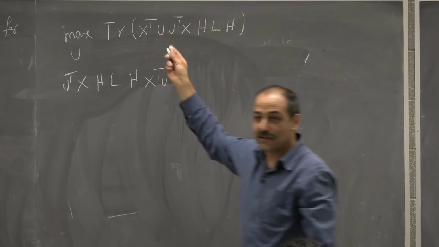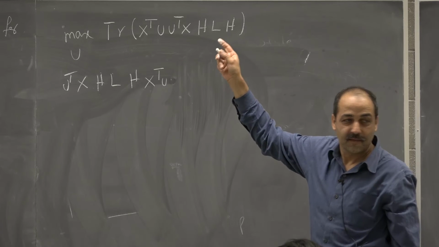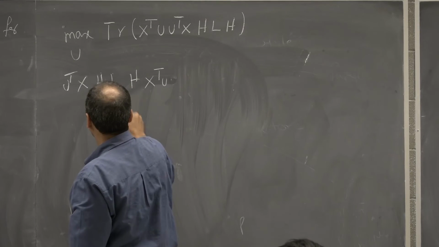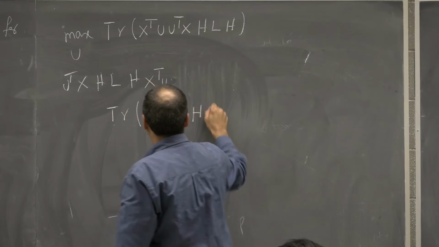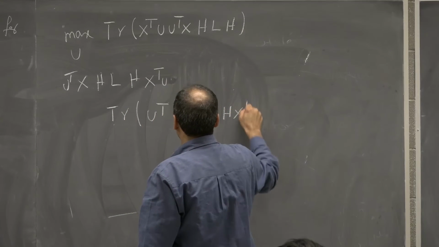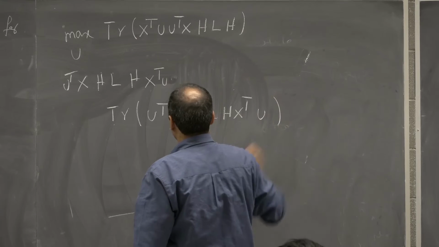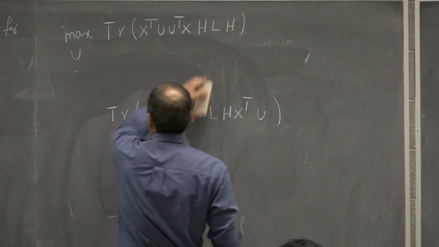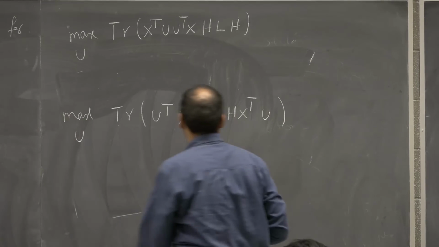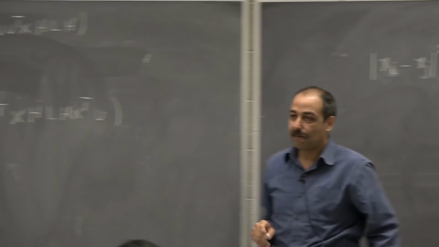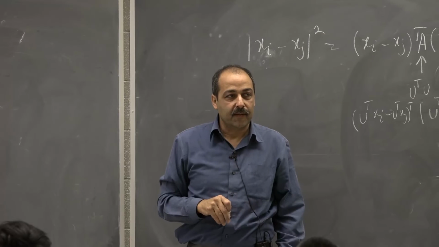All of these traces are the same. So basically, I need to maximize the trace of U transpose X, H, L, H, X transpose U.